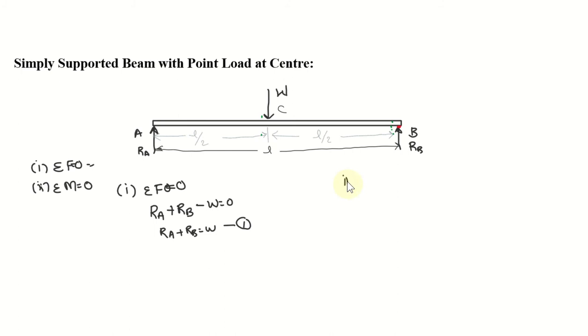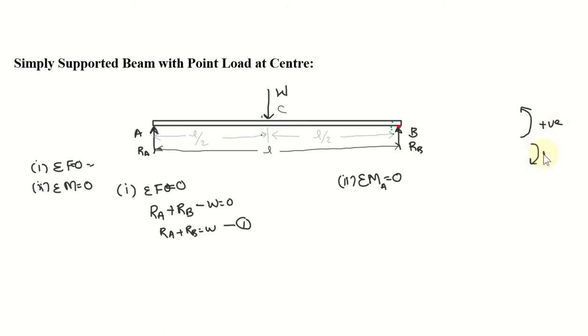The second condition is that sigma M is equal to 0. With the help of this equilibrium condition, we are about to find the magnitude of the reactions. Moment is nothing but force into perpendicular distance. Here we are taking anti-clockwise moments as positive and clockwise moments as negative.